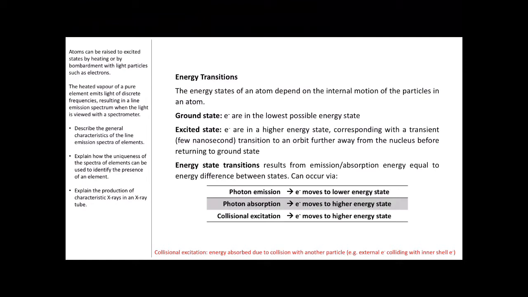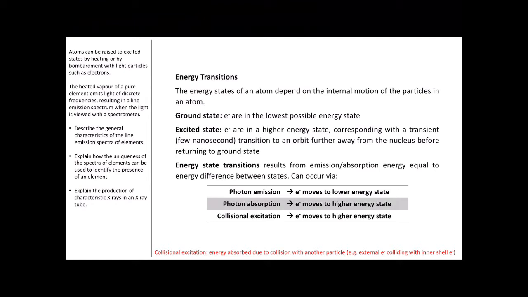In an excited state, an atom's electrons are in a higher energy state, and this corresponds with a transient, so for a few nanoseconds, a transition to an electron orbit that is further away from the nucleus before quickly returning back to the ground state.